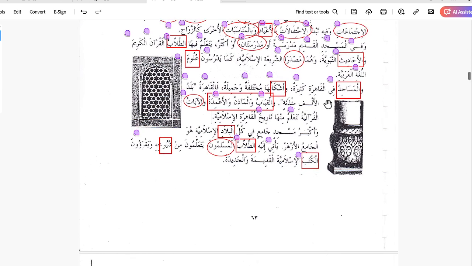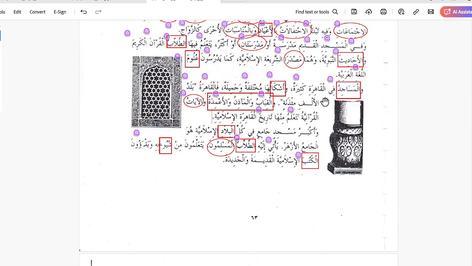Wal masajidu fil Qahirati kathiratun, and the mosques in Cairo are too many. So masajidu is the broken plural, or Jama' Taksir, for masjidun, and this is coming as a mubtada here. So mubtada, marfu', and the sign of rafa' is the damma because it is a Jama' Taksir. So that is why you see damma here.